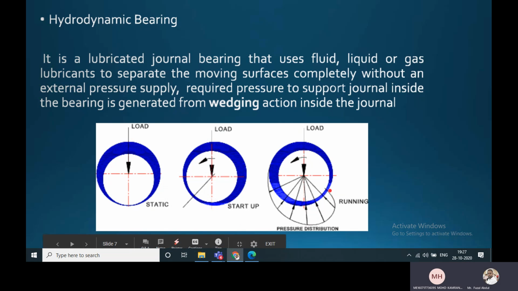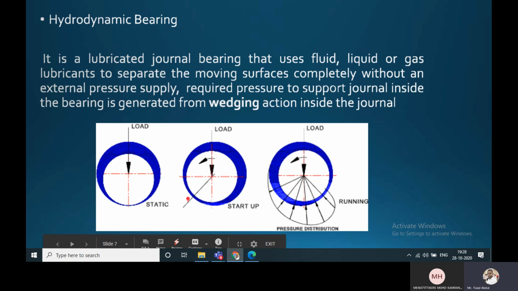The pressure distribution diagram is like this. In the lubrication, the pressure builds up like this. Because of this pressure, what happened? The initial position of the shaft and bearing was like this. After rotating, the position is going to shift like here.